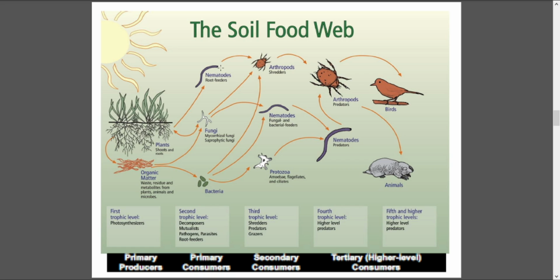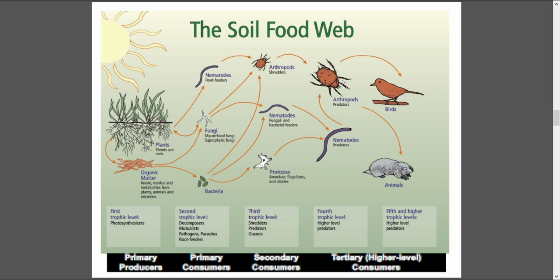Then in the third trophic level, we have the shredders, the predators, and the grazers. Here we have mainly the arthropods, the nematodes, and the protozoa. All these feed on the organisms in the second trophic level. Then in the fourth trophic level, we have the higher predators, where we have bigger species of arthropods and nematodes.